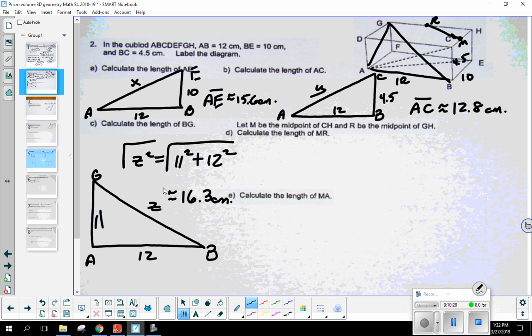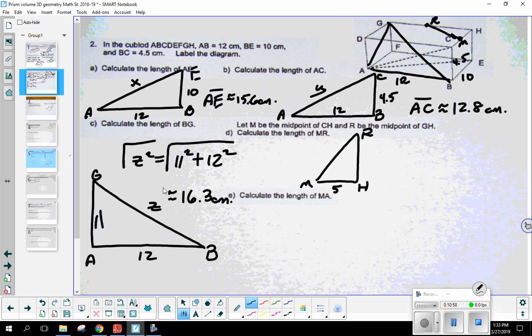Okay, so ideas. How can I find that length MR? Can we just make a mini triangle? Yeah, okay. So let's make a mini triangle. I'm thinking about the triangle MHR. Well, what would the base MH be? 5. That would be 5. Remember, it's the midpoint of CH, which is going to be congruent to BE. So this is 5. And do we know RH? Yes.